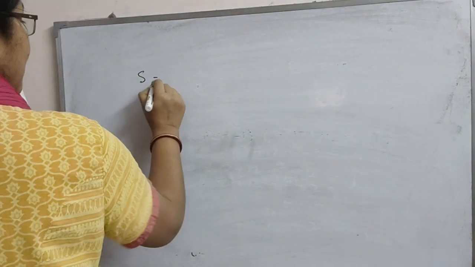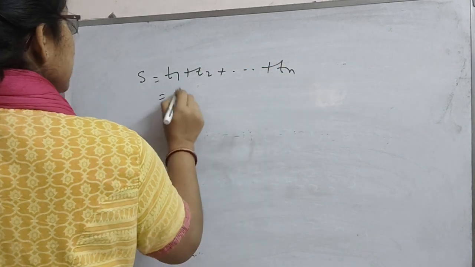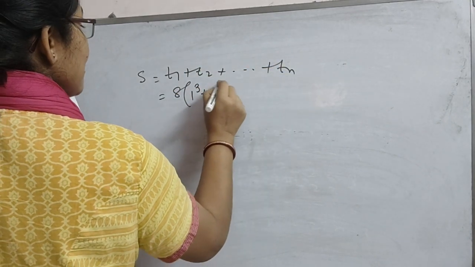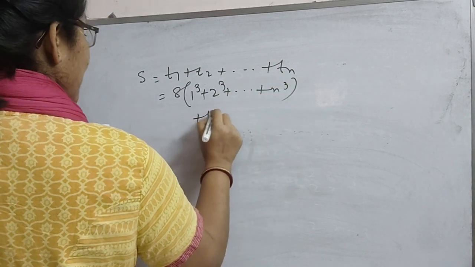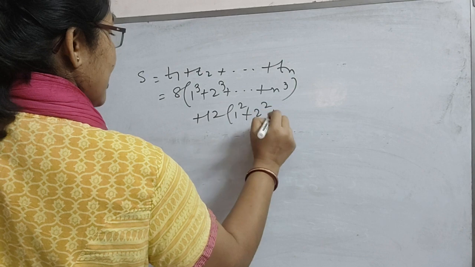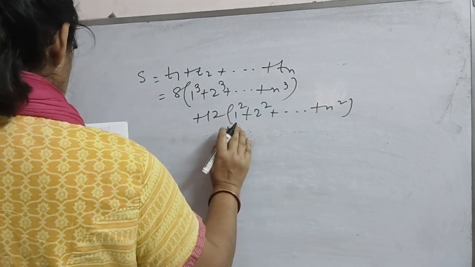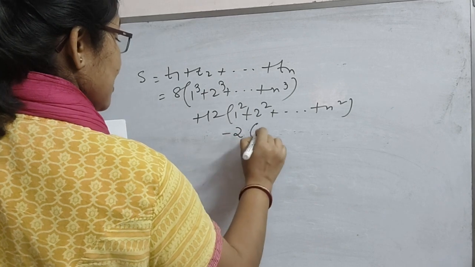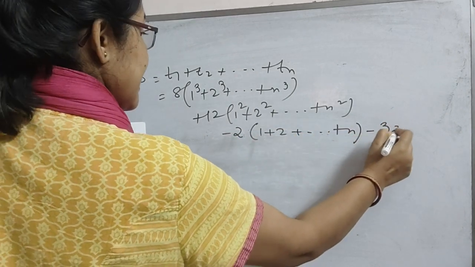So S equal to T1 plus T2 plus up to Tn. This equal to 8 into 1 cube plus 2 cube plus up to n cube, plus 12 into 1 square plus 2 square up to n square, minus 2 into 1 plus 2 plus up to n, minus 3 into n.